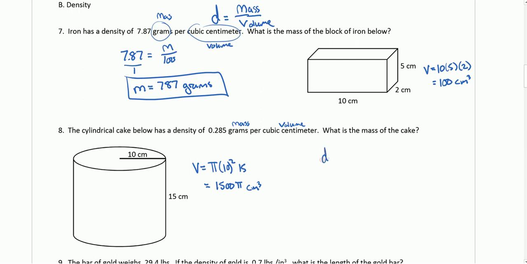And so our density is mass divided by volume. They give us a density at 0.285. We don't know the mass. We got the volume at 1500 pi. So I'm going to cross multiply, and I get mass times 1, which is mass, is equal to 1500 pi times 0.285.